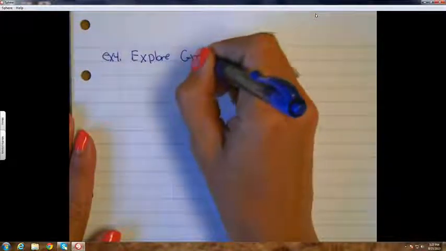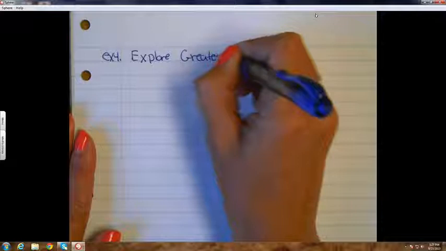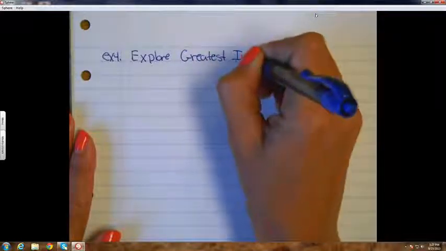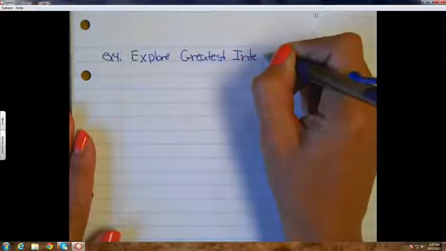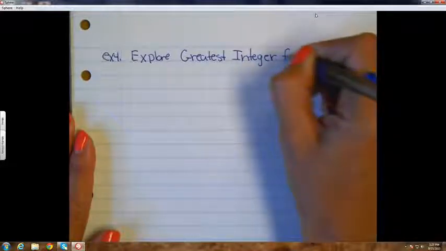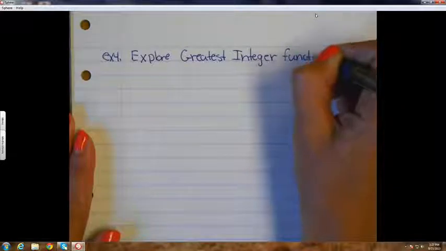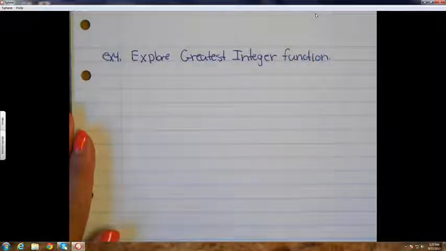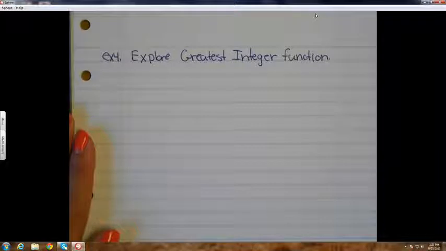So we want to explore, it's not really an example, the greatest integer function. And after we look at it, we want to see, is it continuous at 2?